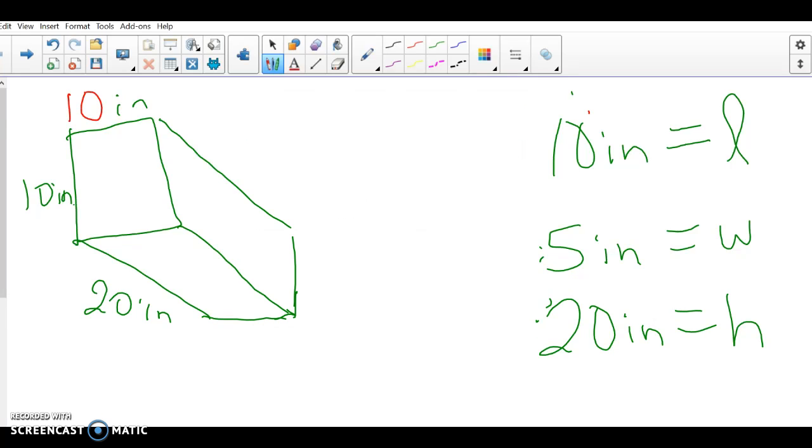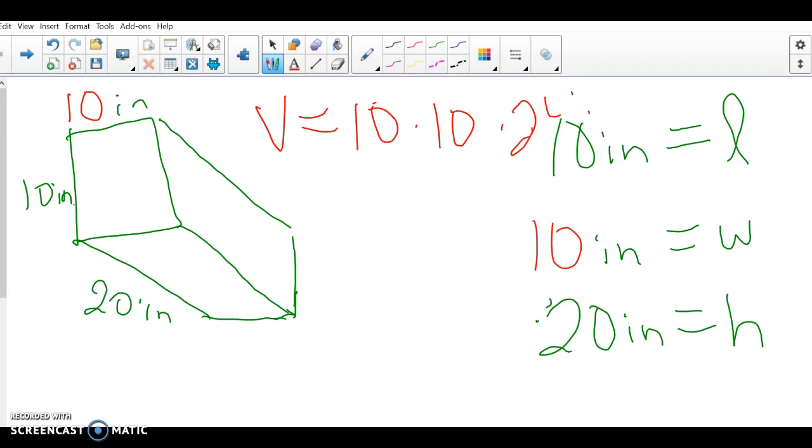So I'm going to write that in red so we can see that it's changed a little bit. All right, so now we've got a width of 10 inches. So let's calculate that volume and see what happens. So again, it's just length times width times height: 10 times 10 times a height of 20.